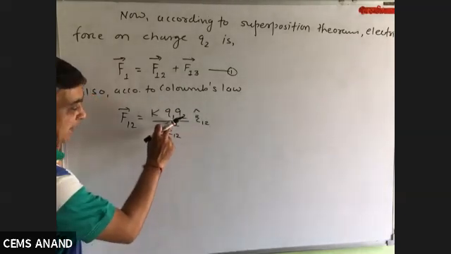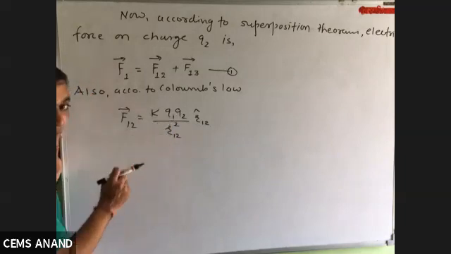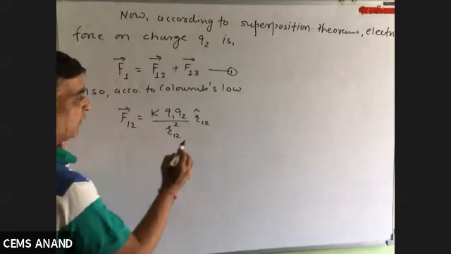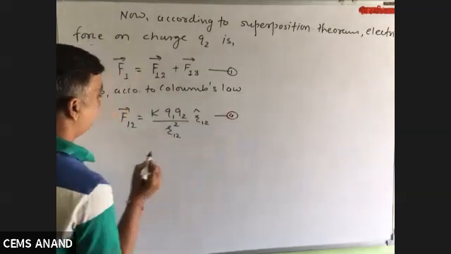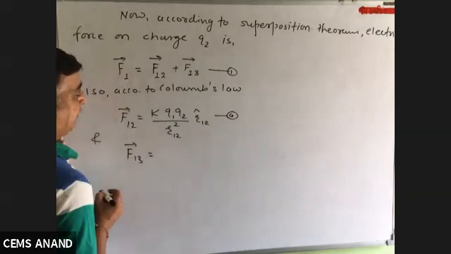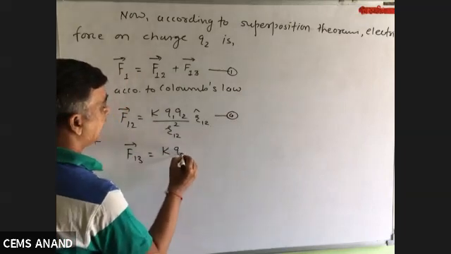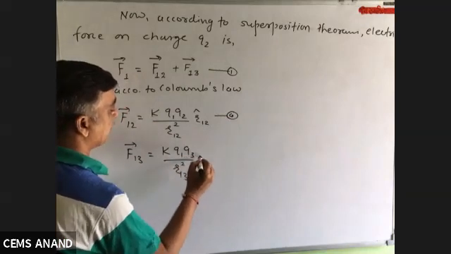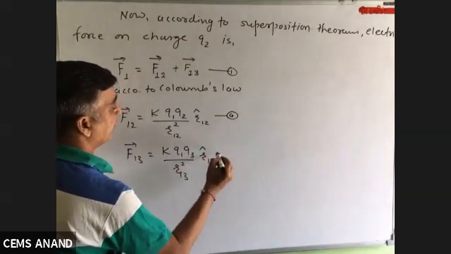I am not mentioning a vector or arrow over here, that means it is a magnitude, and that's why it is the unit vector R12 cap, right? This is A. And what about F13? Then it is K Q1 Q3 upon R13 squared, R13 cap. This is B.